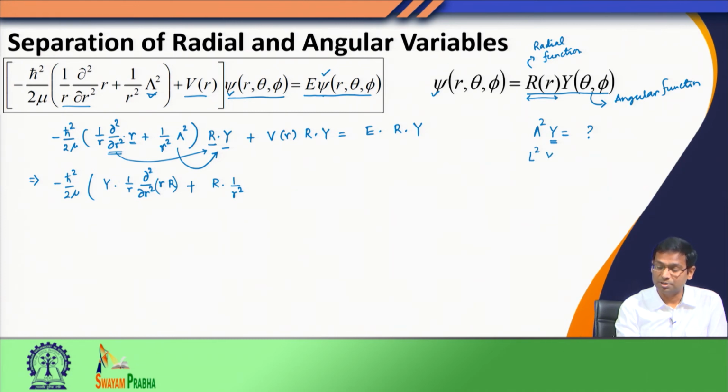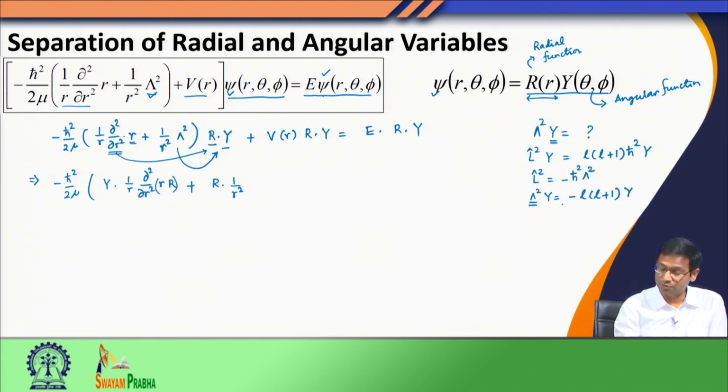I know this Y, when the L square operator acts on this wave function, I get L into L plus 1 h bar square Y, but I also know the L square operator is minus h bar square lambda square. So, therefore, when the Laplacian acts on the spherical harmonics, I get minus L into L plus 1 times the spherical harmonic.